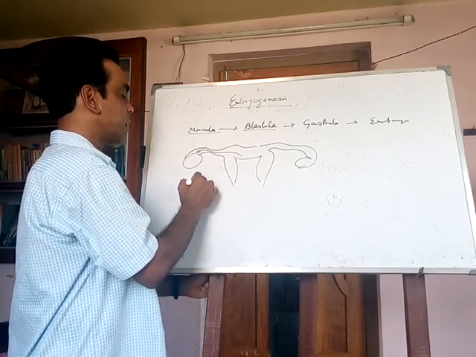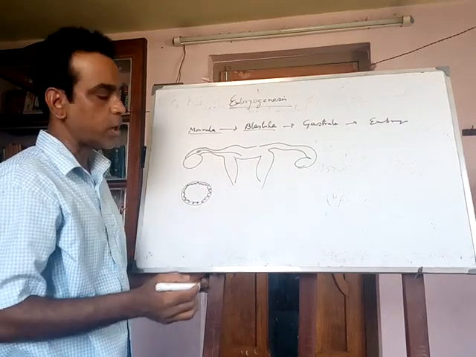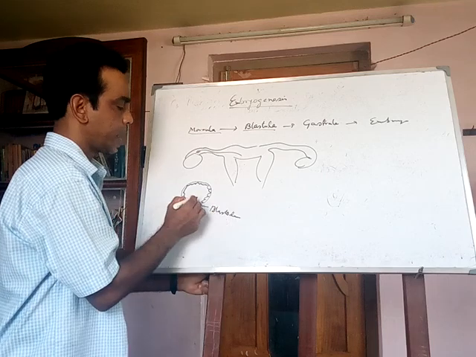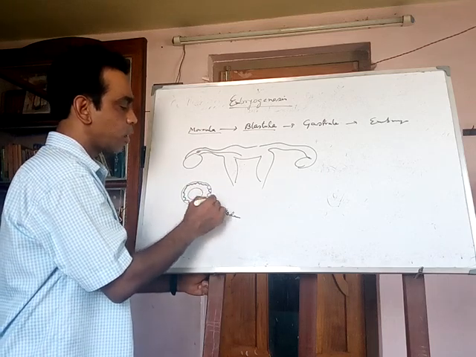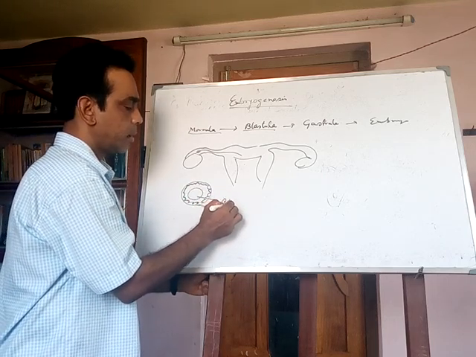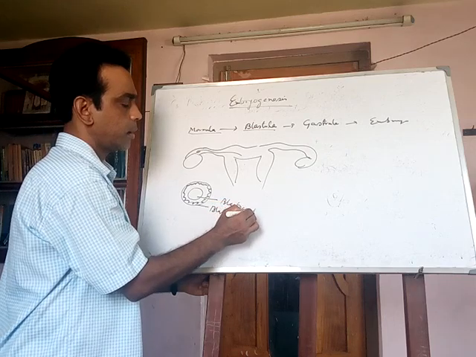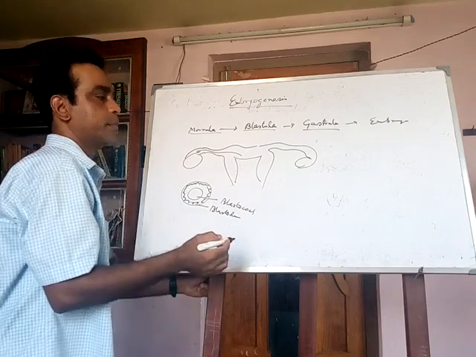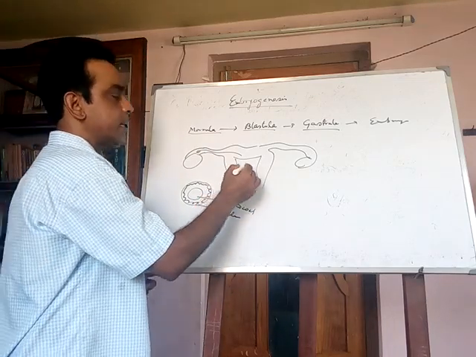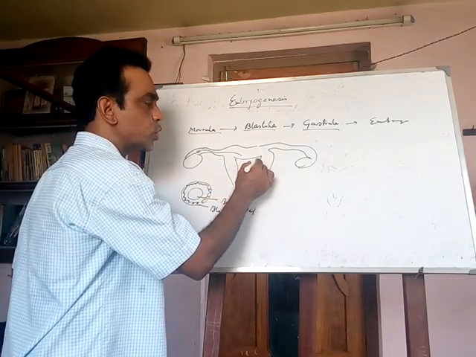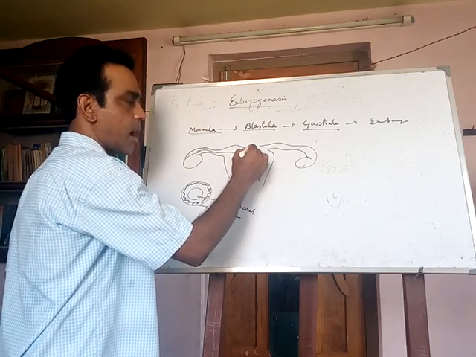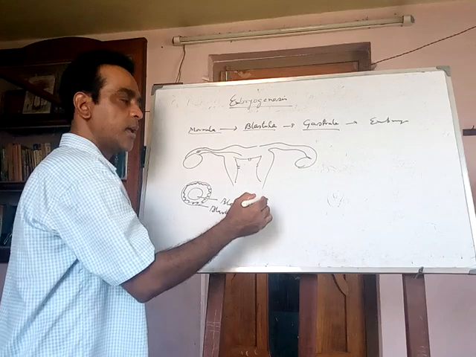The upper layer, the dermis layer of the blastula, is called the blastoderm, and the cavity is called the blastocele. Next, the gastrula is formed and it is implanted into the layer of either the upper fundus or the body.